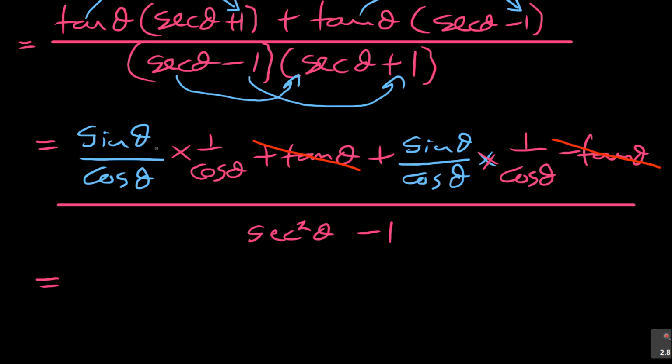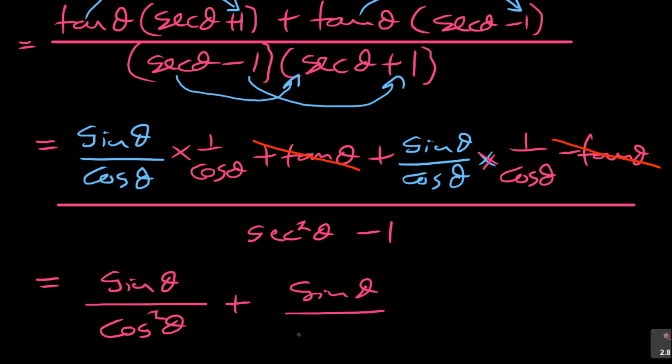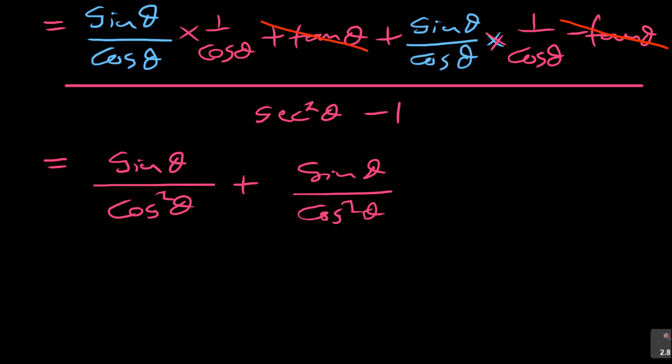This was actually going to be sine theta over cos squared theta, and then it's plus sine theta over cos squared theta. So it's more like you've got two of these, and then everything is still under sec squared theta minus 1.